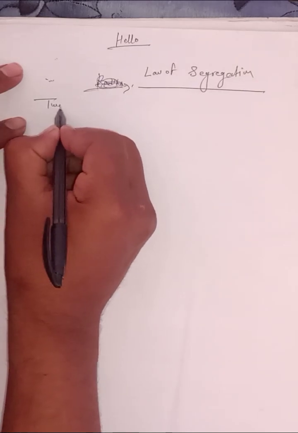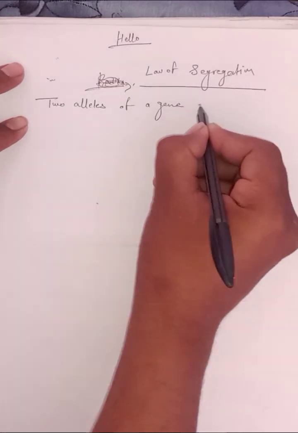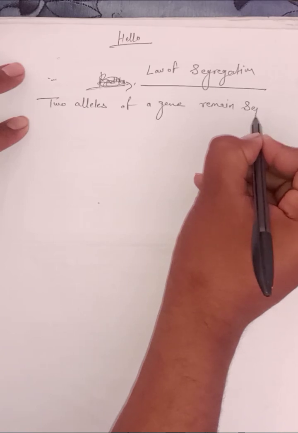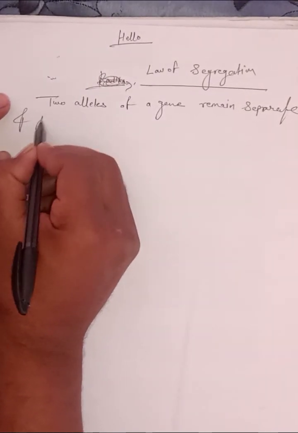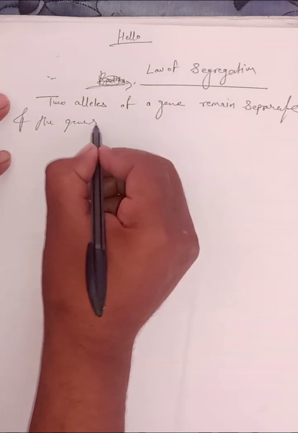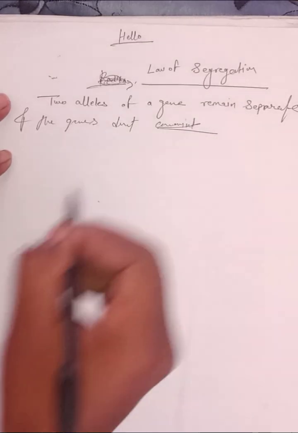According to this law, the two alleles of a gene remain separate, and the genes do not contaminate each other in F1.